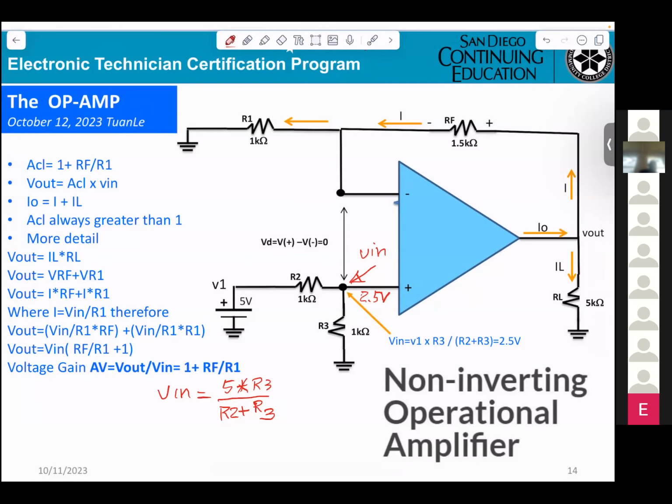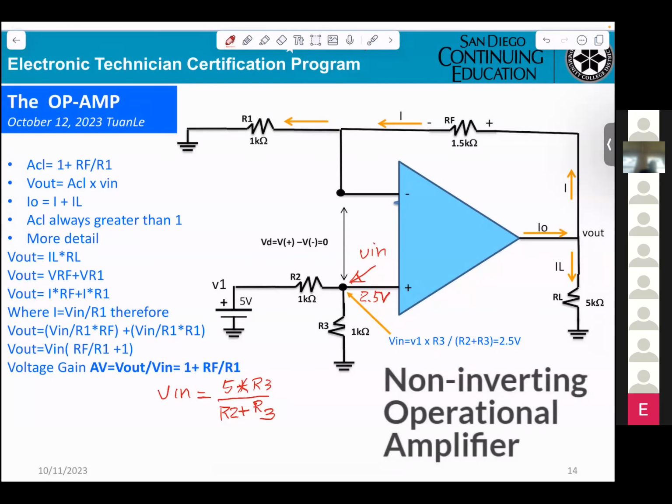Now, the thing is, you understand the voltage from here to here. Well, you got a wire connected there, though. You don't have any wire. No. The big red dot on top, all the way down to the minus on the op amp, that's a wire.